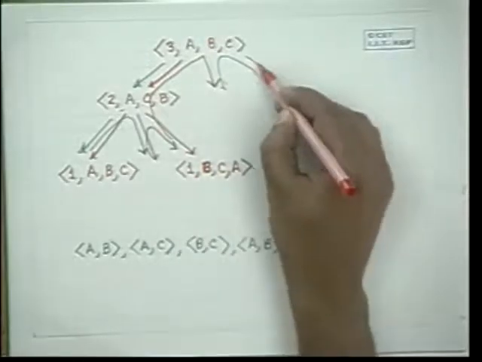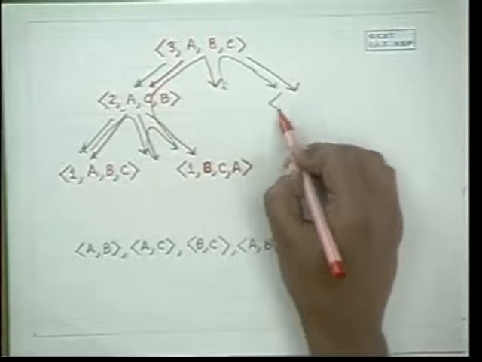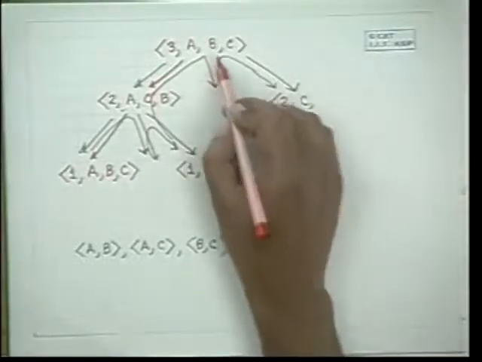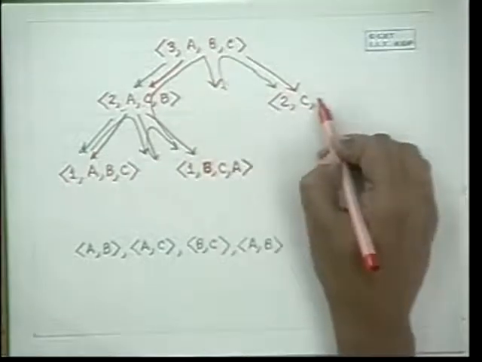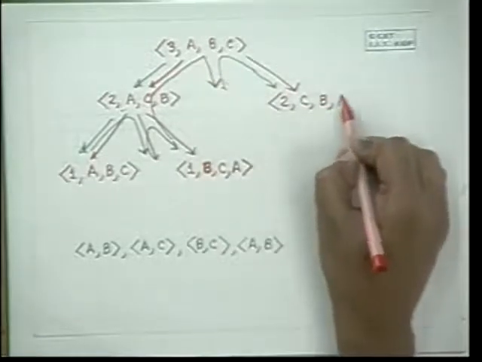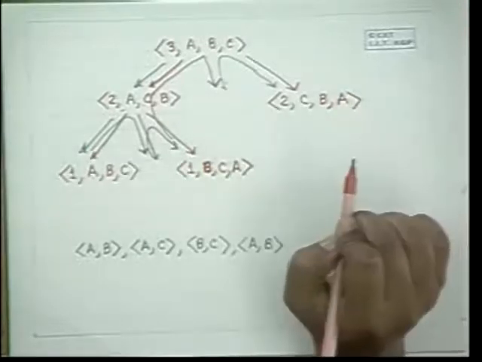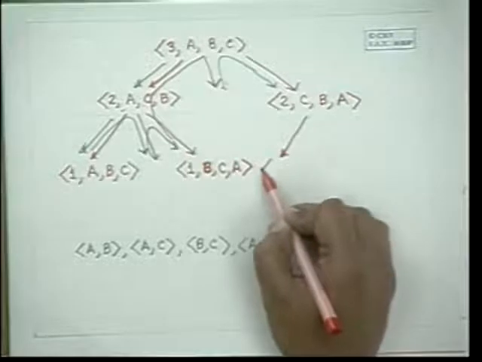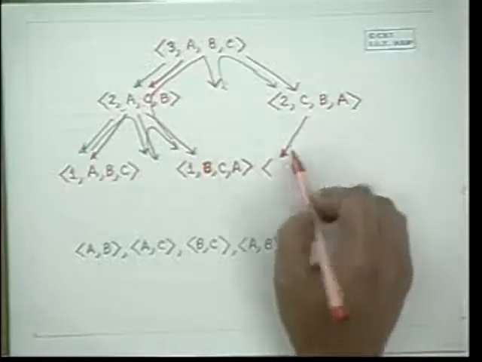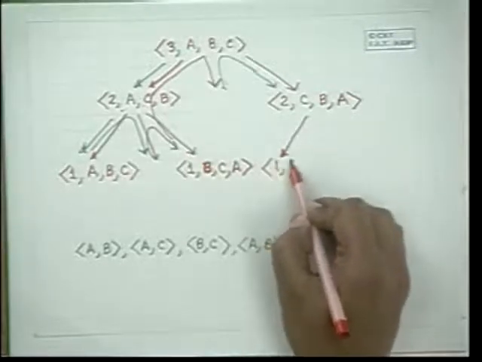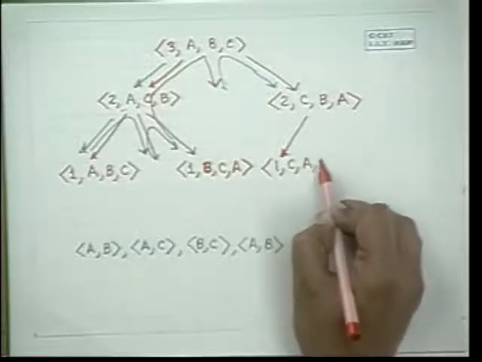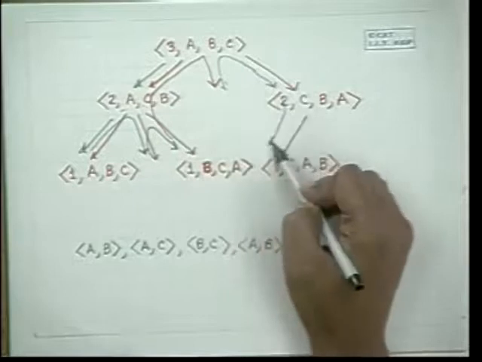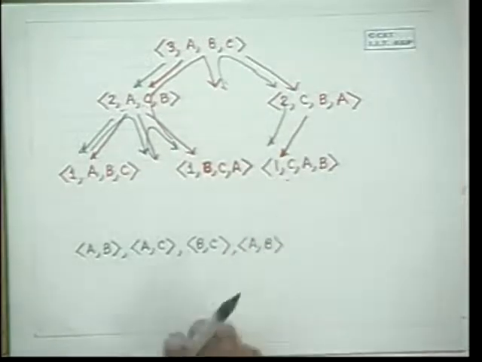And the new subproblem that is generated is to, via, to and from. This is an inductive condition. So a recursion call is made, 1, C, A, B. You are here, so the control now comes here. This is a base condition. This gets printed.